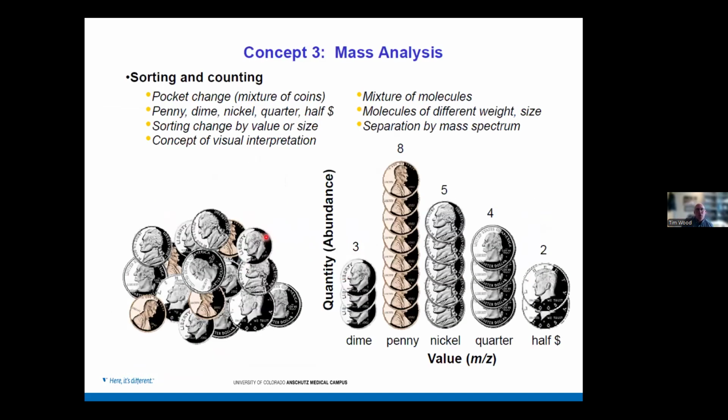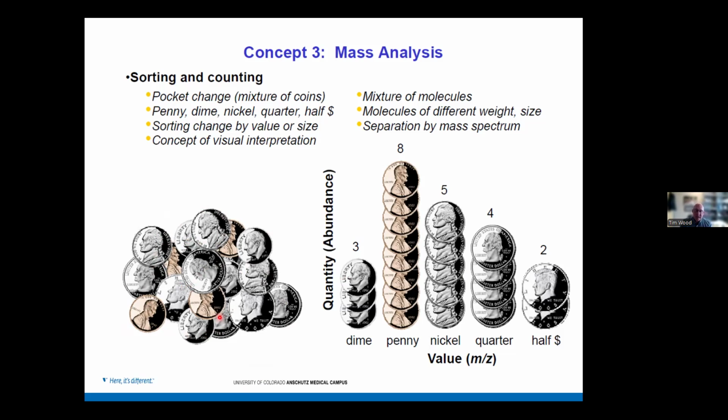Okay. So we talk a lot in our field about mass spectrometry and how it works. And so I've tried in this version of this talk to put in a little bit more about the concepts of how mass analysis works. If you think of your blood sample as sort of like your pocket change or your big coin bank, what mass analysis allows you to do is take that complex mixture and separate the coins or the molecules based on their size or weight.